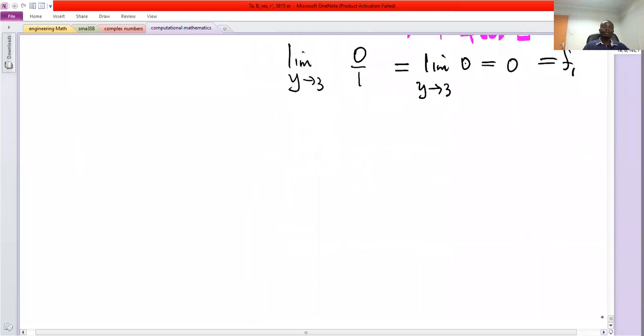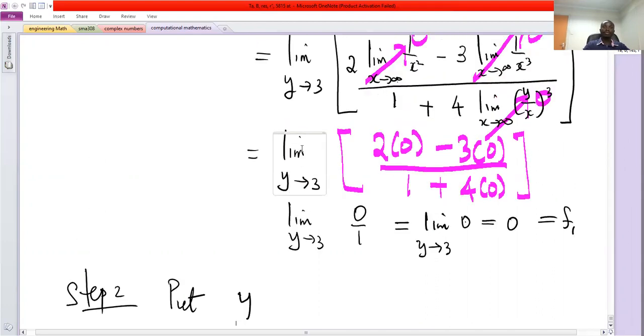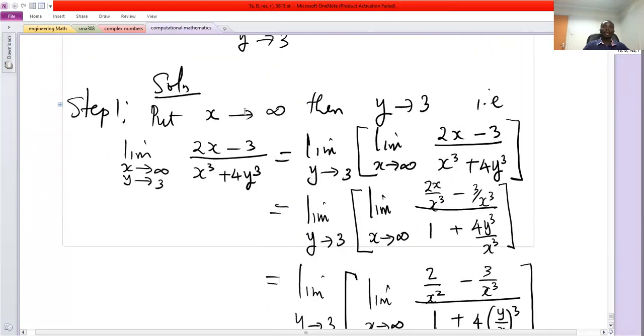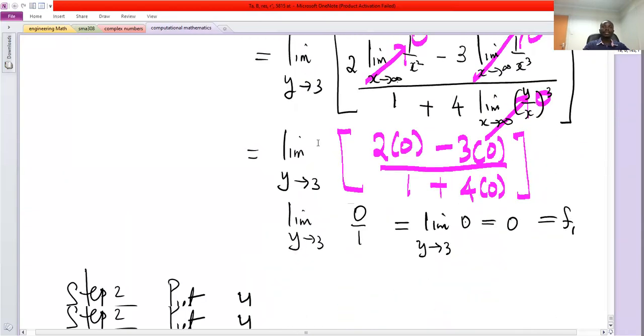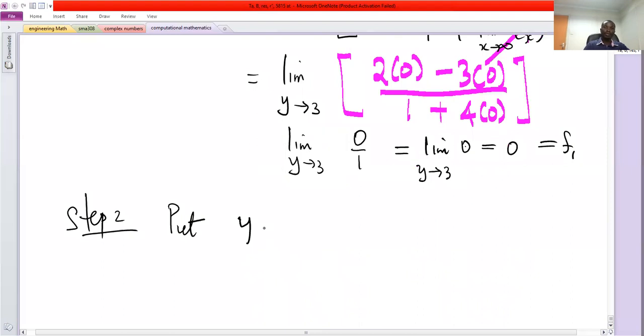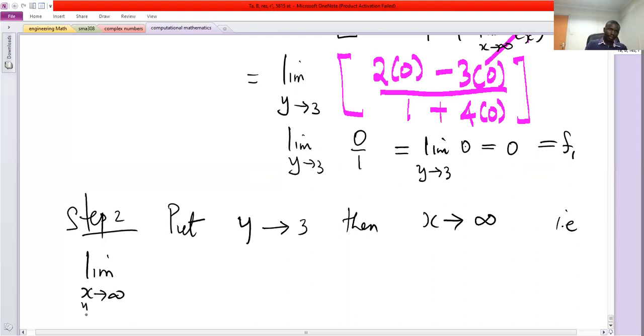Our next step, step 2, which is the last step, is to switch the order. Remember the first one, we put x to infinity, then y to 3. So let's start now with y. So y approaches 3, then x approaches infinity.